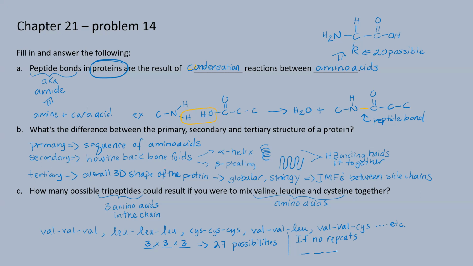For the first position, there's 3 amino acids that can go in there. But if you can't have a repeat, then there's only 2 possibilities for the second position and only 1 possibility for the third. So 3 times 2 times 1 is only 6 possible. So if repeats, there's 27 possibilities. If no repeats, there's 6 possibilities.